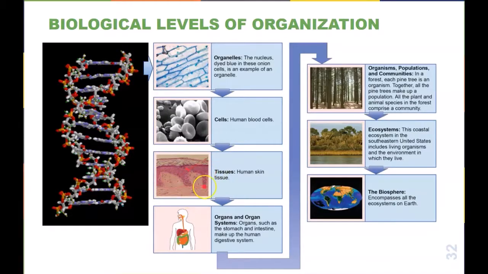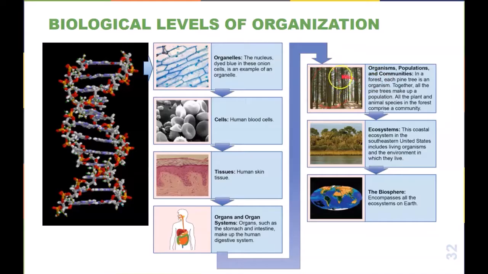And then tissues are organized into organs. So the skin is an organ, it's the largest organ in your body. And then after organs, we have organ systems. So that could be like the immune system.